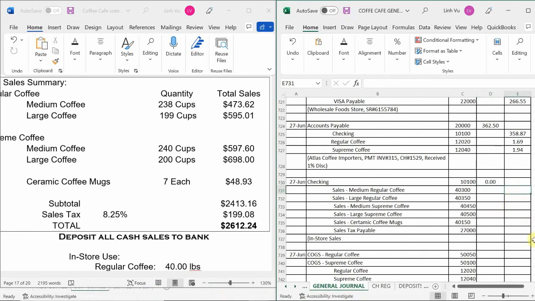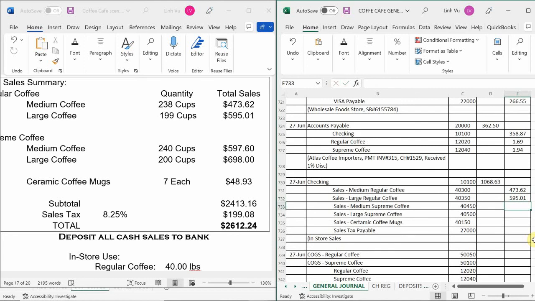What is my grand total of medium regular coffee that I have sold? $473.62. Large is $595.01.